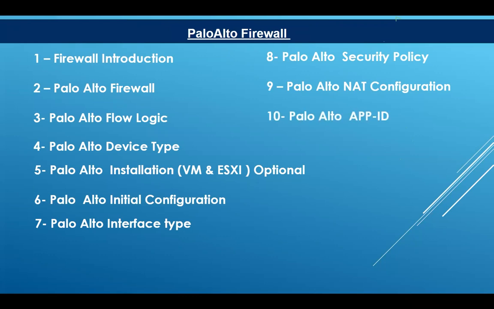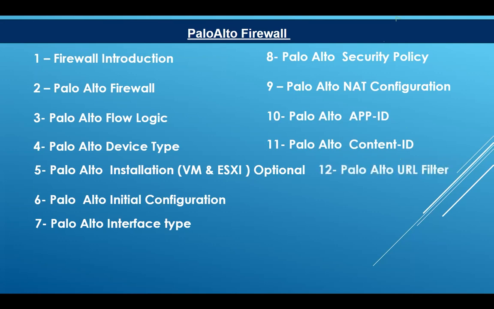App-ID, application ID, means how you identify your application, which application you are using, like Google or Facebook. Content-ID: here we cover exactly what type of content is going inside your packet.